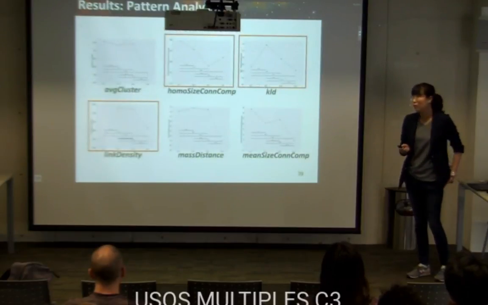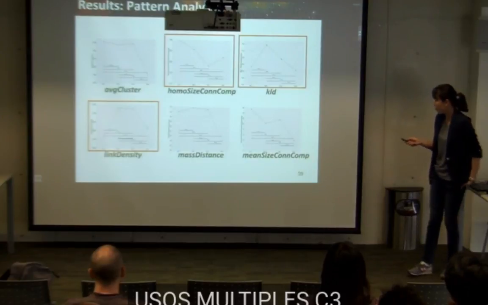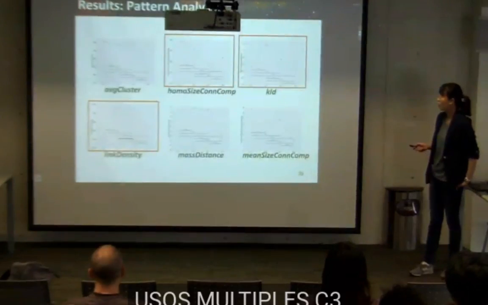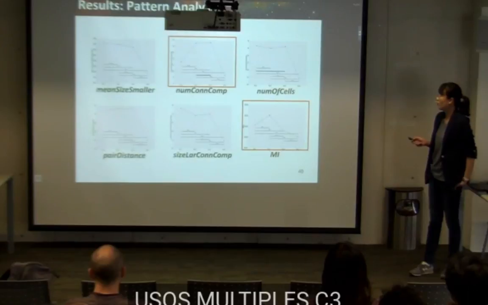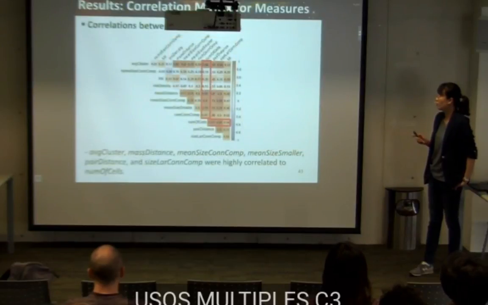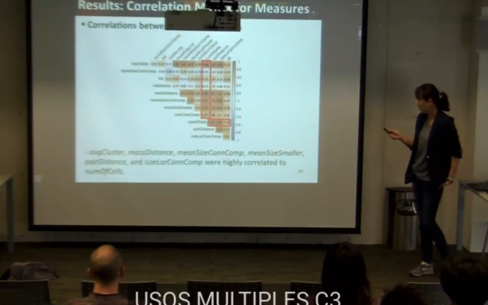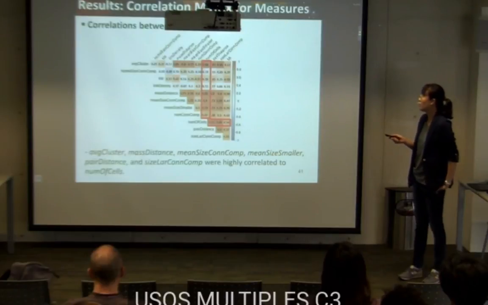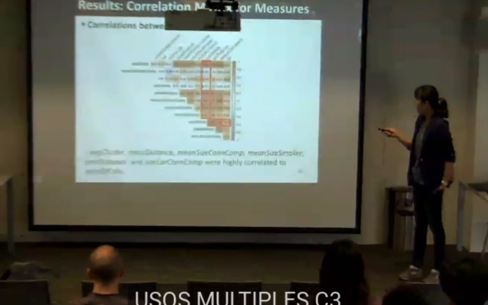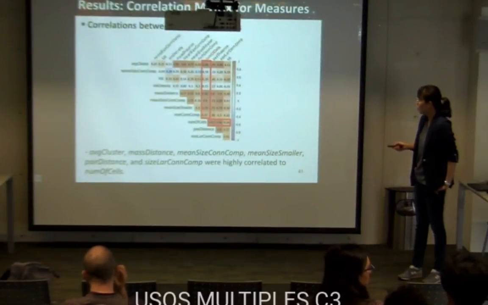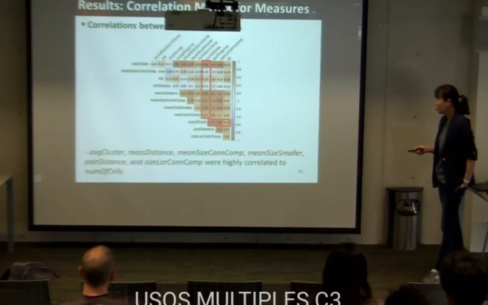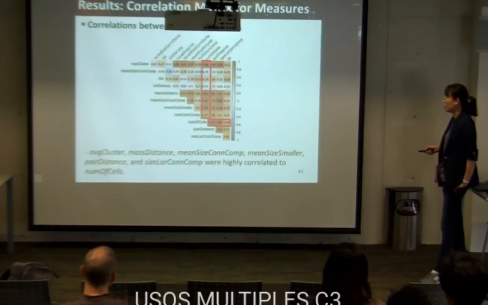These are the results of the 12 measures. First, this is a correlation matrix between the 12 measures. When seeing the number of cells, the following measures were highly correlated to the number of cells.